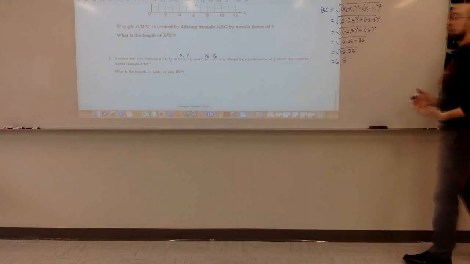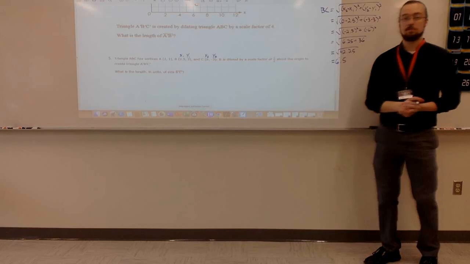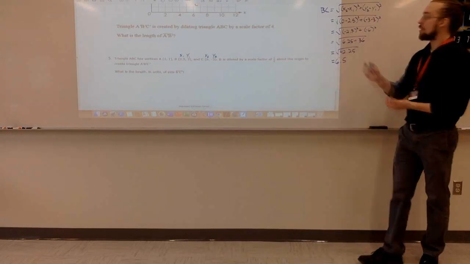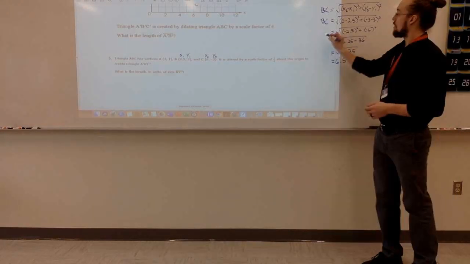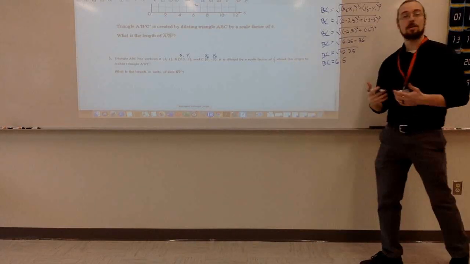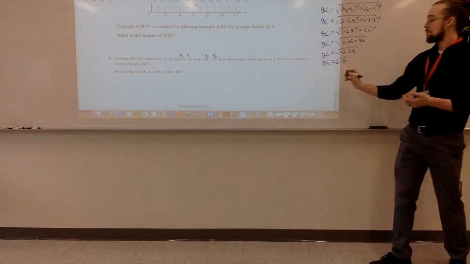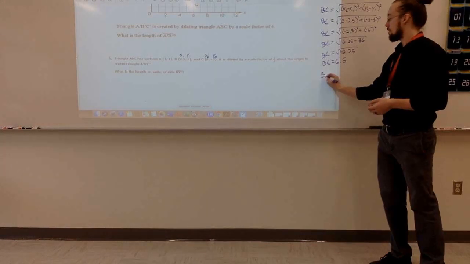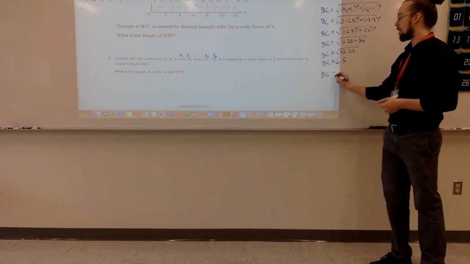Now to get my new side after I dilate, I'm just going to multiply this length by the scale factor. So now I can say the length of B prime C prime is 1/2 of 6.5. 1/2 of that original length.